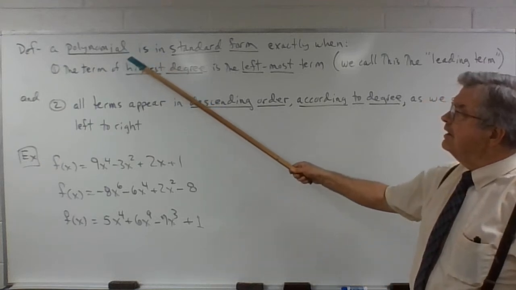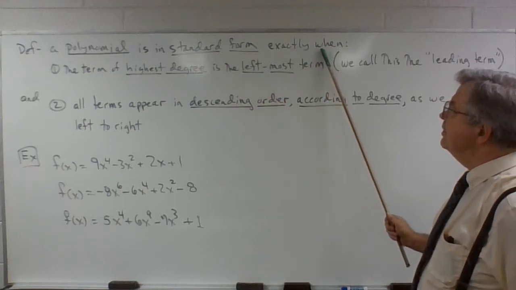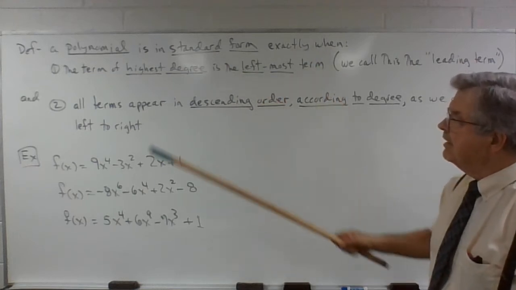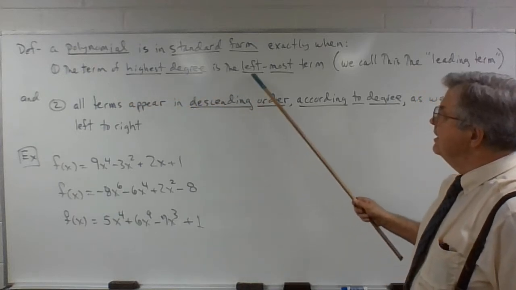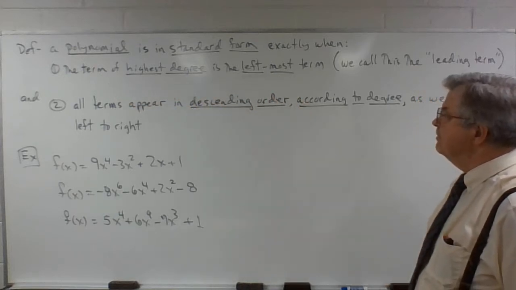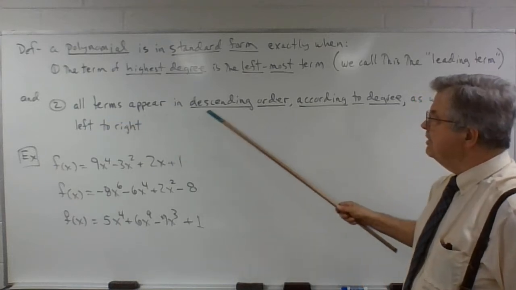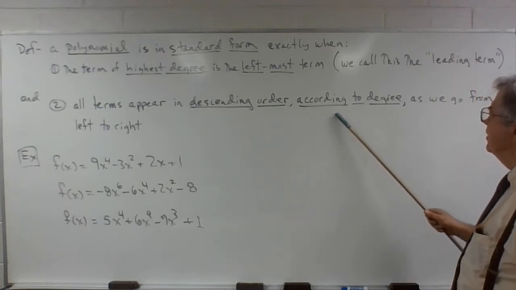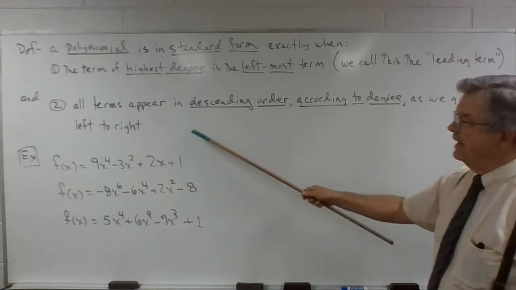It says a polynomial is in standard form exactly when two things happen. First, the term of highest degree is the leftmost term. And secondly, all terms appear in descending order according to degree as we go from left to right.